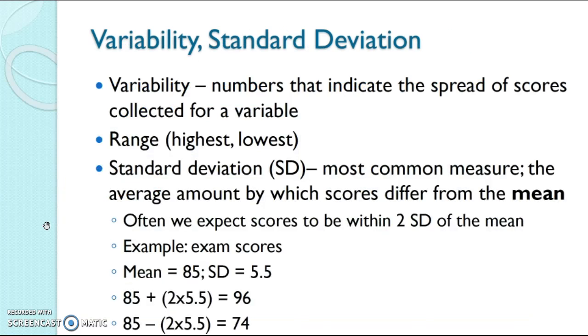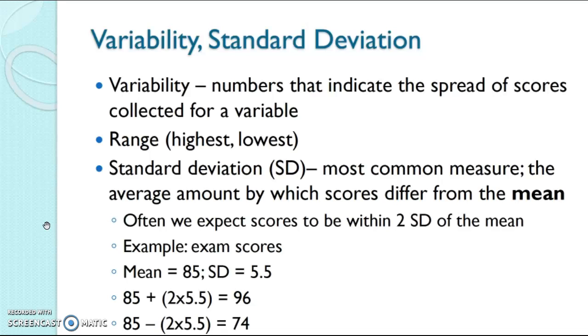All right. So something you might not be as familiar with, but is very important in quantitative analysis, is not only looking at the measures of central tendency, the mean, median, and mode, but scholars are also interested in the variability. And variability are a few different statistics for numbers that indicate the spread, the distribution of scores.